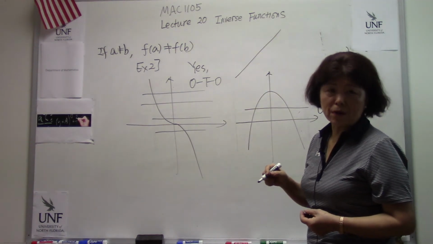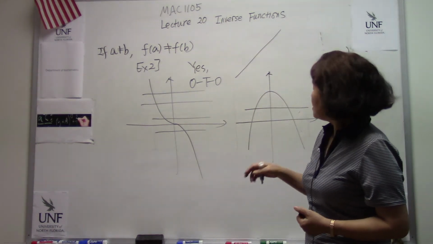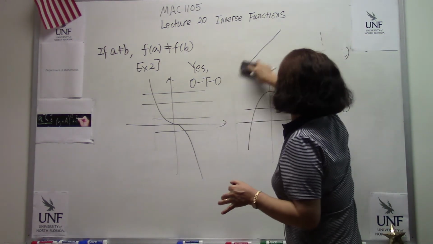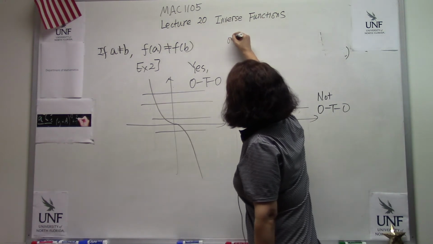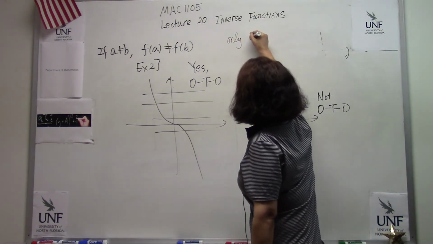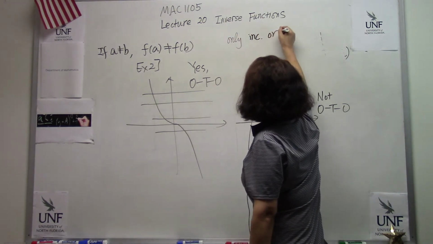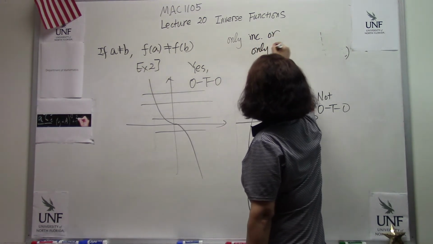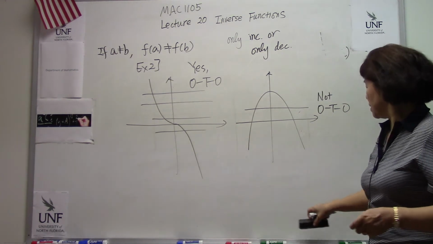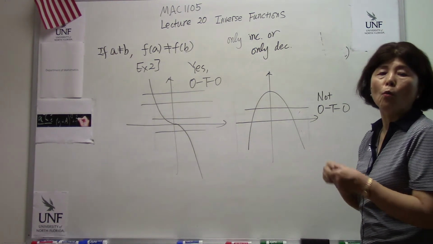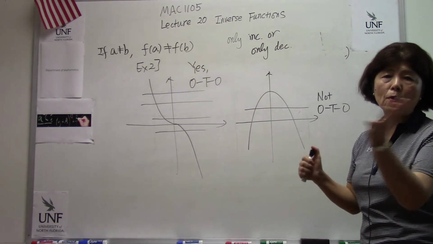This is a one-to-one function graph. So, graphically or visually, this is what you can say. The function is going to be only increasing or only decreasing. In that case, the function is a one-to-one function.